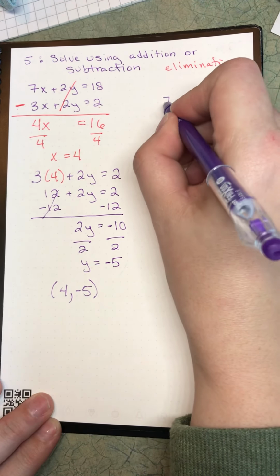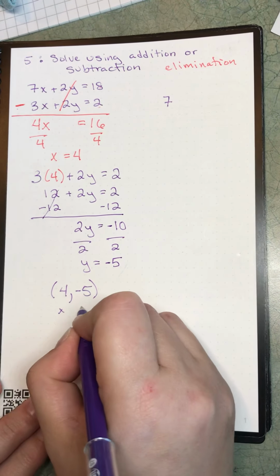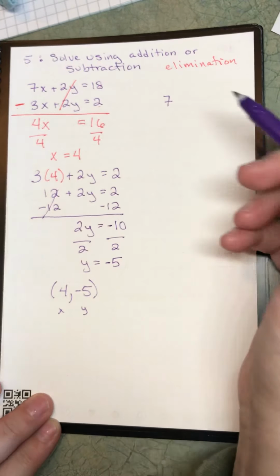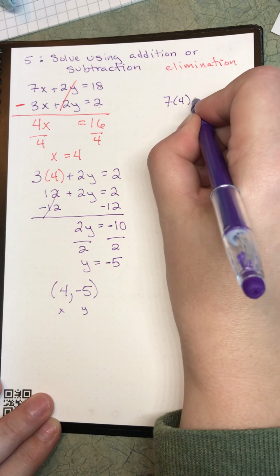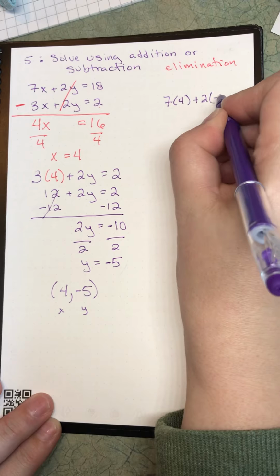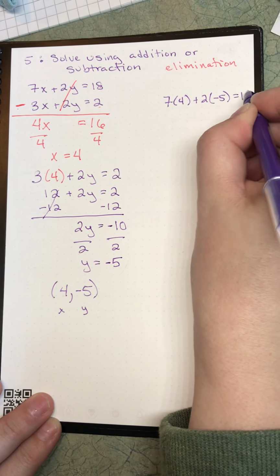So I'm going to substitute this x and y into both of my original equations just to make sure that it works. So 7 times 4 plus 2 times negative 5 equals 18.